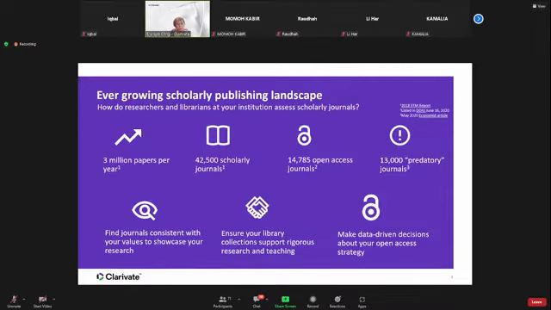Now, if you're not familiar with the open access journals, just a quick overview or explanation of what it is. These open access journals are journals that do not require a subscription. That means it's free for you to read, it's free for you to access. But in order to be able to sustain its growth, many of these open access journals do collect article processing charges from authors.